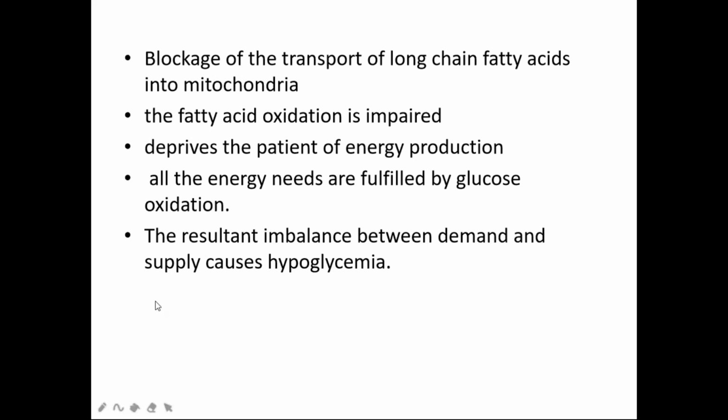So there will be an imbalance between the demand and the supply of energy, and glucose will be used up. So in carnitine deficiency, hypoglycemia can be seen.